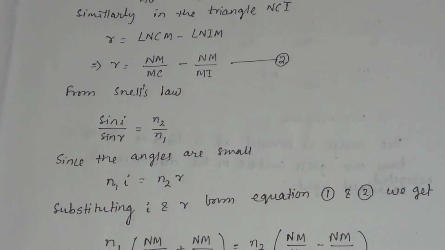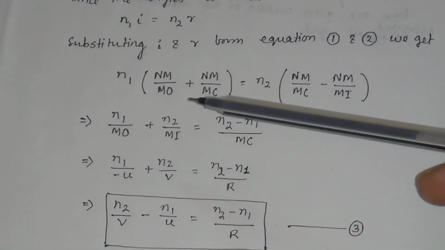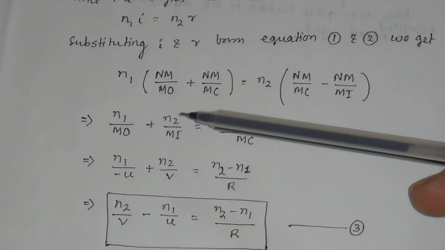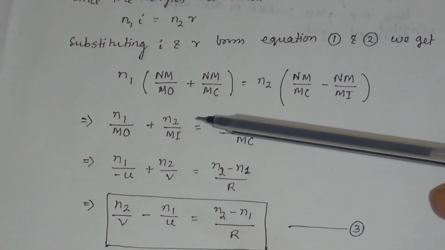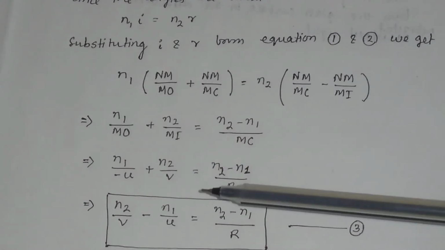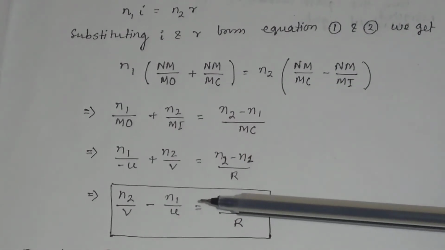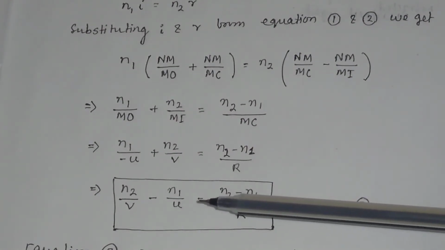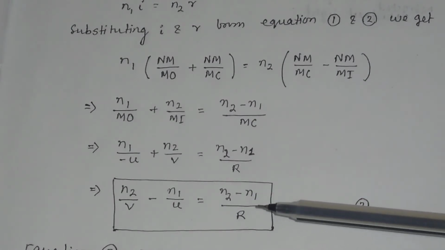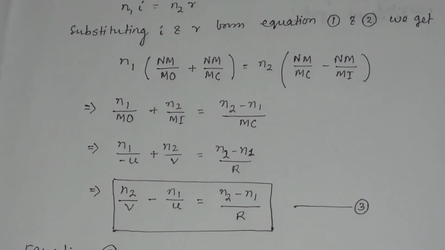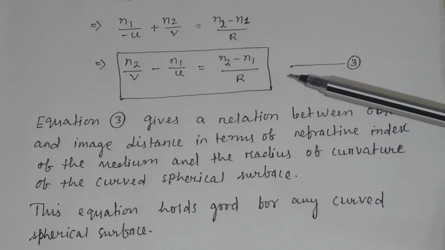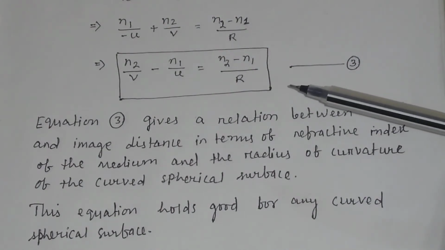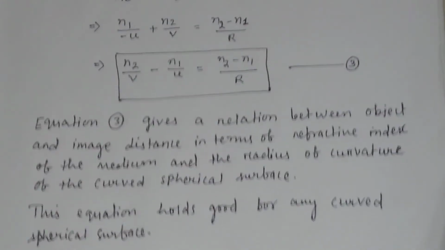So we will get this equation. Then if you solve these equations and put the values of u, v and R, you will get n2 by v minus n1 by u equal to n2 minus n1 divided by R. And remember, this equation holds good for any curved spherical surface.